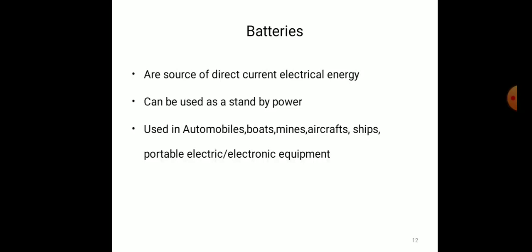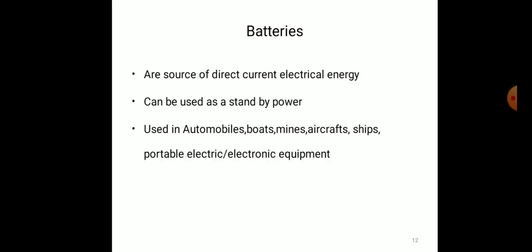These batteries are used in automobiles, boats, mines, aircraft, ships, portable electrical or electronic equipment, and so on. In automobiles, we use the batteries for starting.